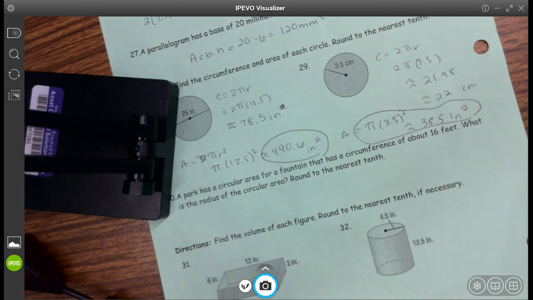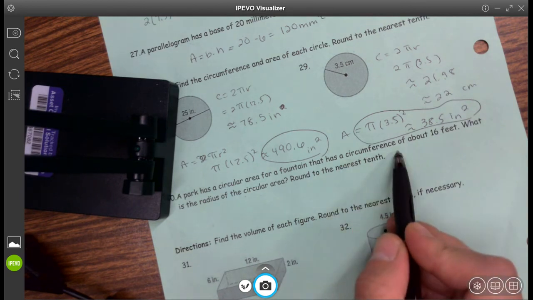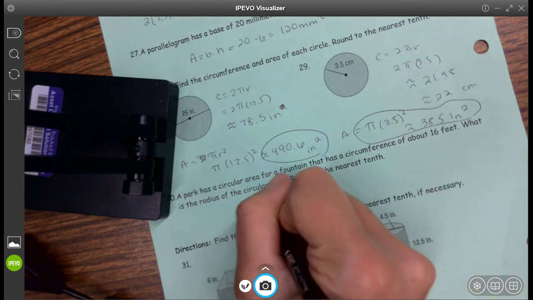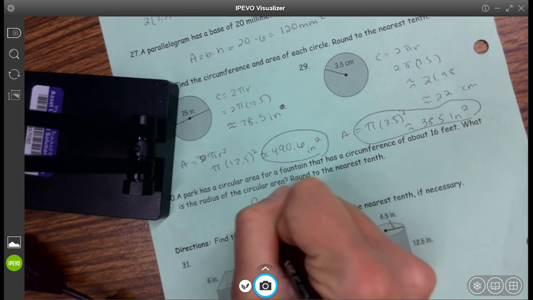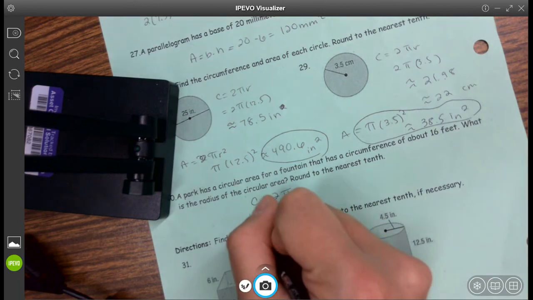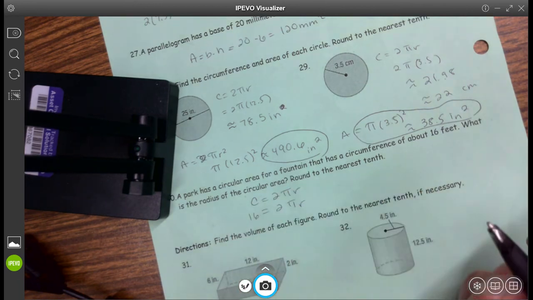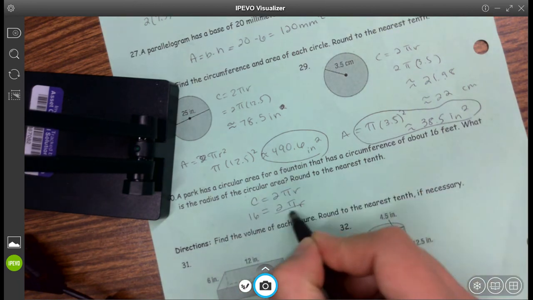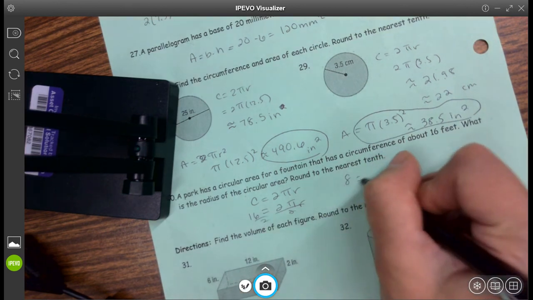It says a park has a circular area for a fountain that has a circumference of about 16 feet. What is the radius? So they give you circumference, so I know I'm going to use the formula for circumference. I'm going to substitute what I know in. I know that the circumference is 16 feet. I want to know the radius. So if I divide everything by 2, 8 equals pi r.